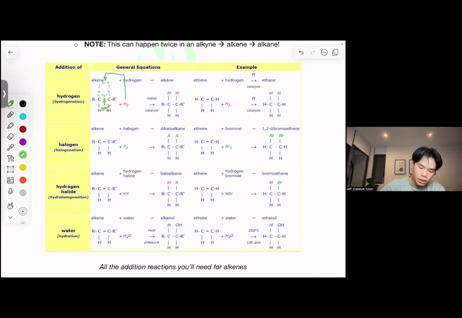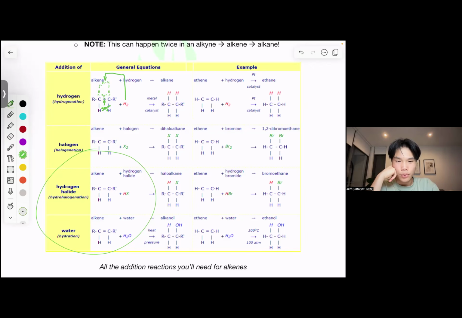What's the important consideration for hydrohalogenation and hydration? What must you consider beyond the additions of hydrogenation and halogenation? What's special about these two? Think about the products.